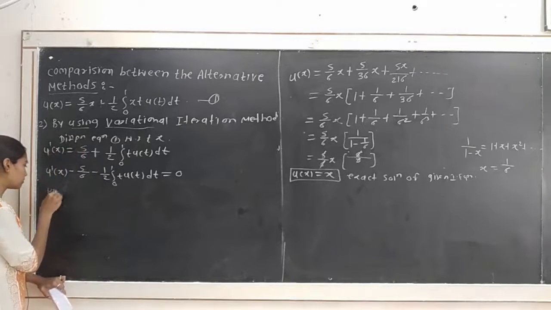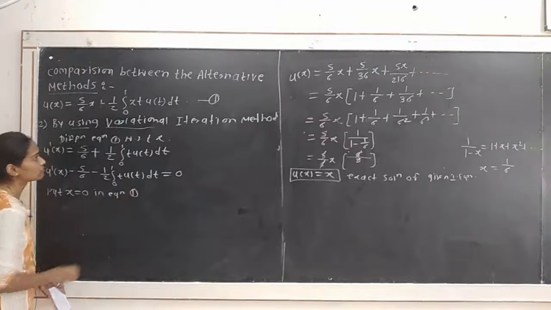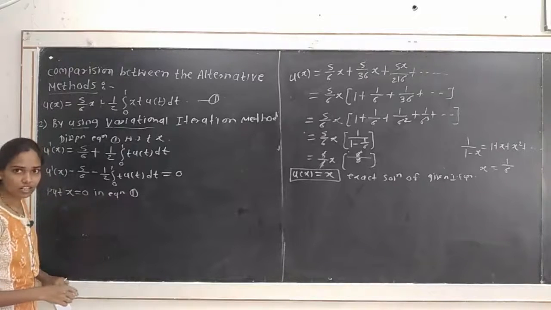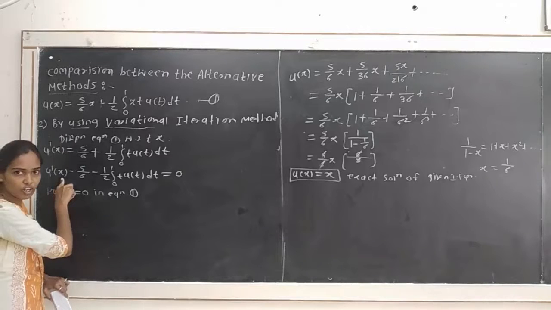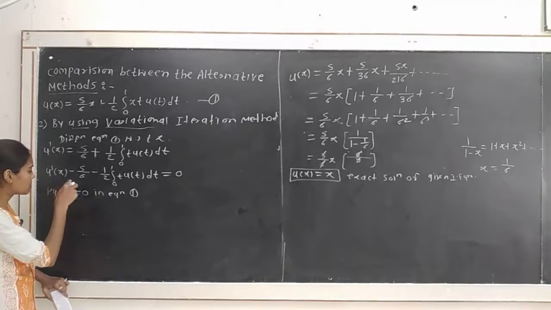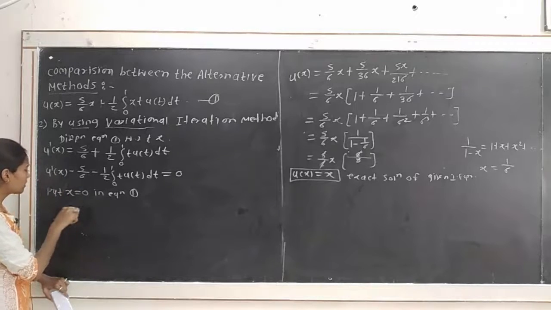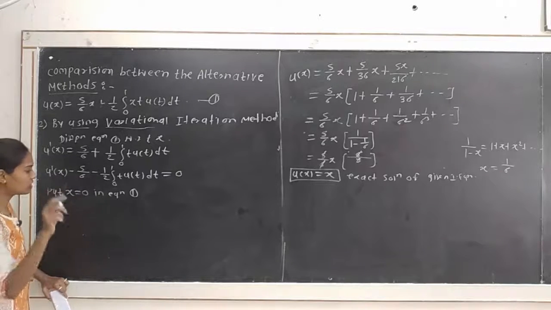Then put x is equal to 0 in equation number 1. That is, we have to find the initial condition, because we convert this equation to the Fredholm integro-differential equation, and we know that for a Fredholm integro-differential equation we have the first derivative, so we have to find one initial condition.